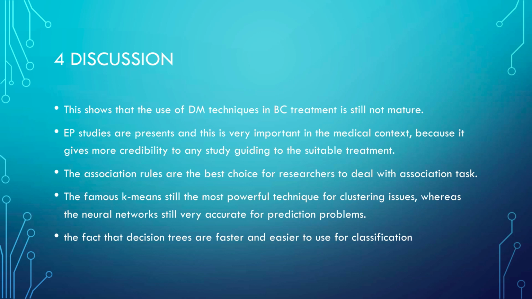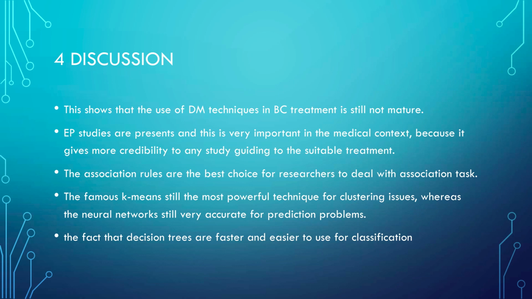Moreover, the association rules are the best choice for researchers to deal with association task, and we could also note that the famous K-means technique is still the most powerful technique for clustering issues, whereas the neural networks are still very accurate for prediction problems.